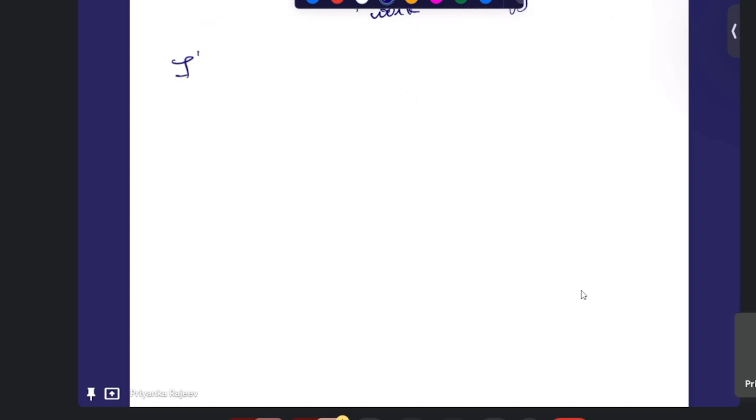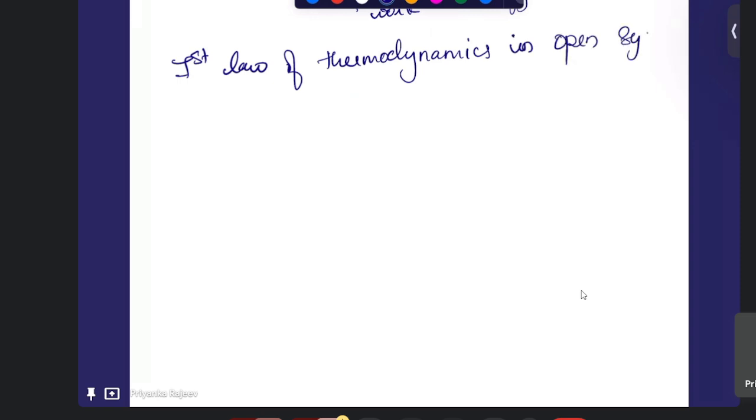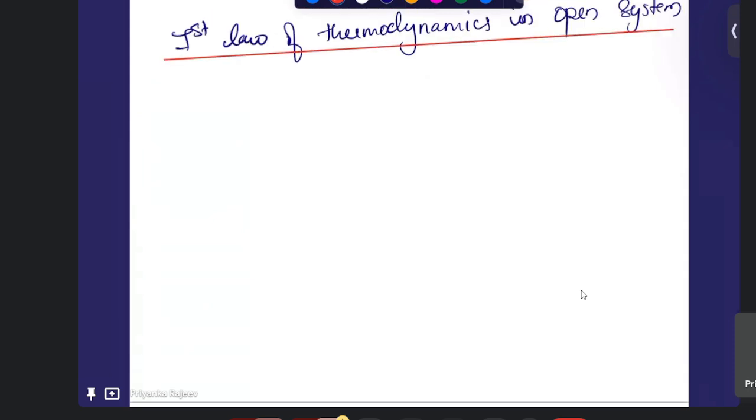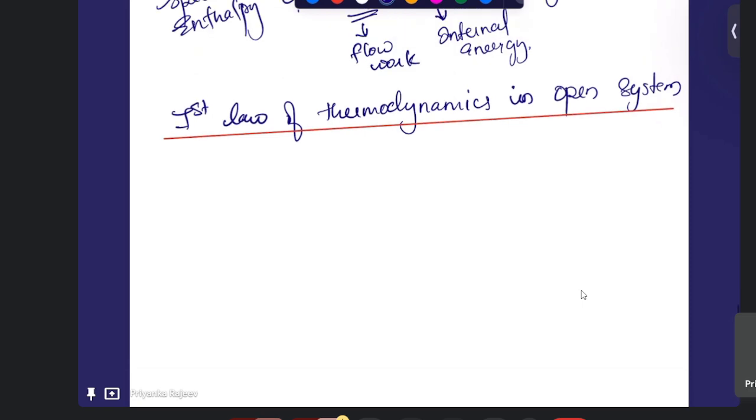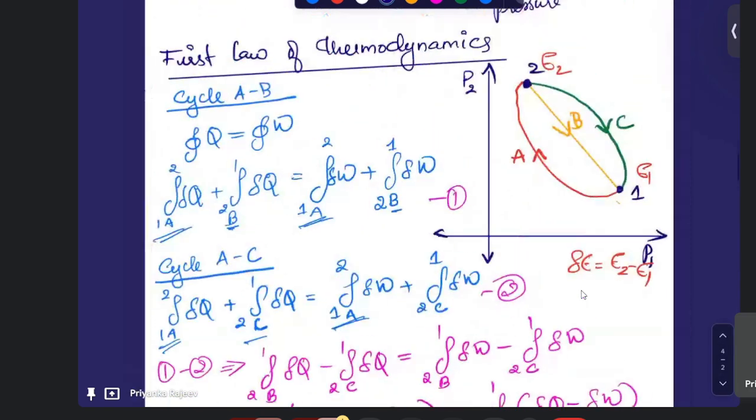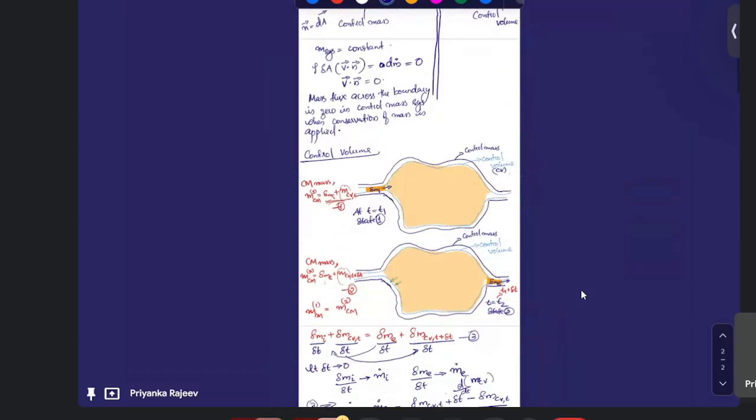The first law of thermodynamics in an open system: how to derive that expression? Again, we have to go to our control mass approach.